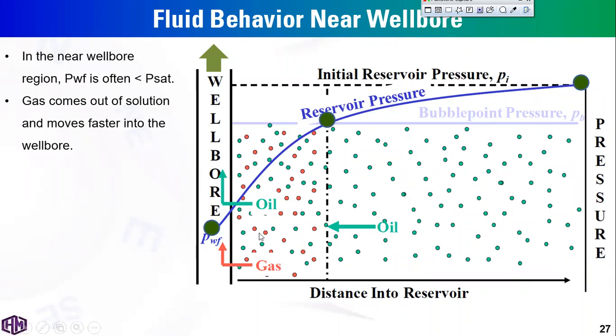Once the gas saturation is higher than the critical gas saturation, the gas will start to move and flow in the reservoir. In that case, we have two-phase flow in the reservoir, which means the mobility of oil may be greatly affected by the flow of gas.